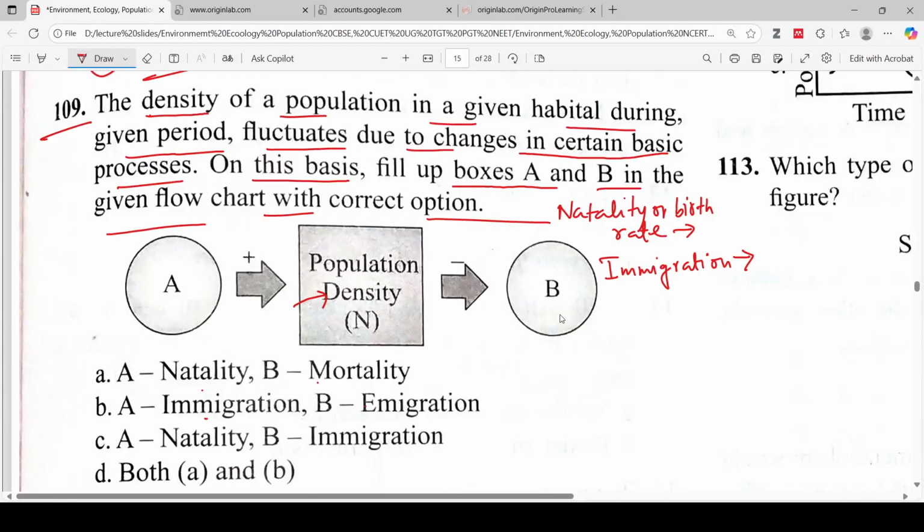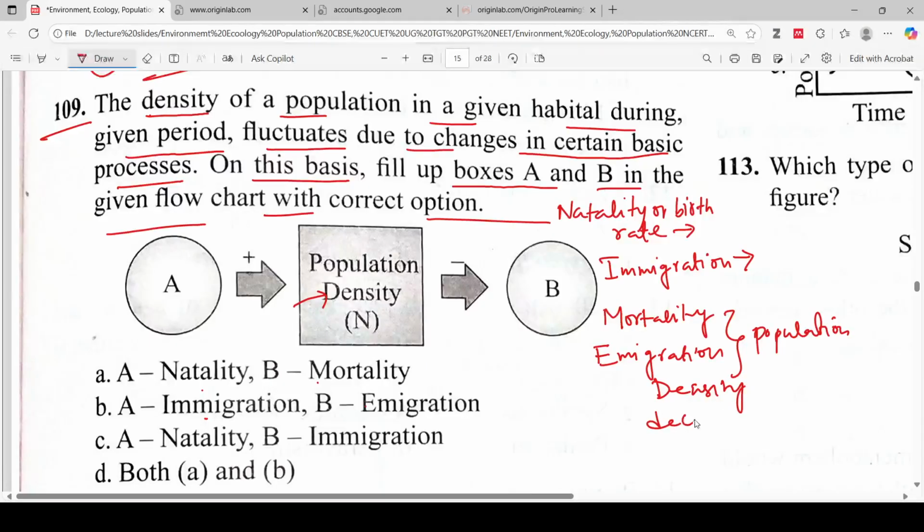When mortality occurs, as well as when emigration occurs, then the population density declines.